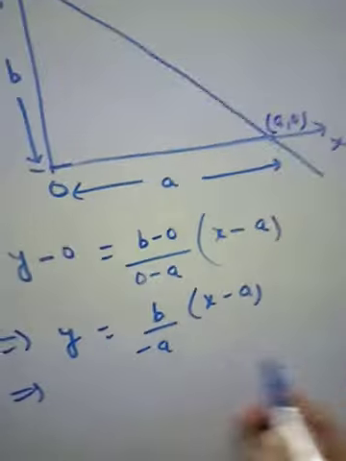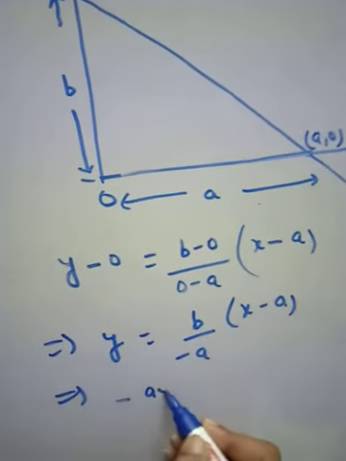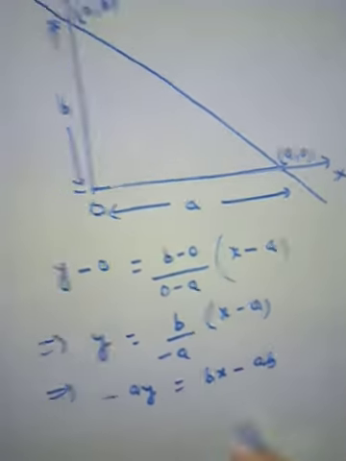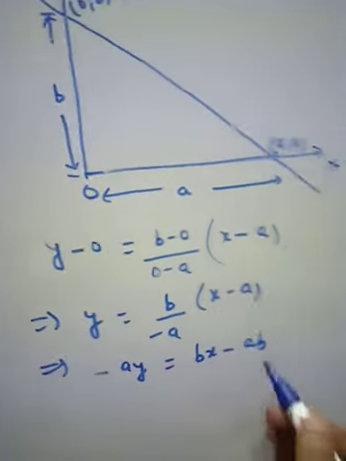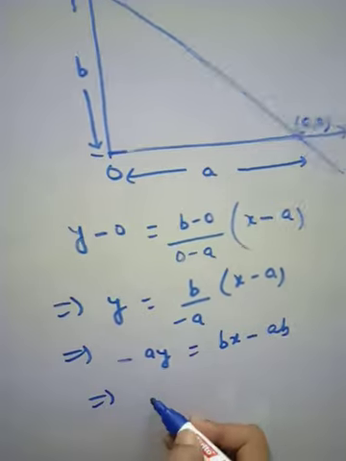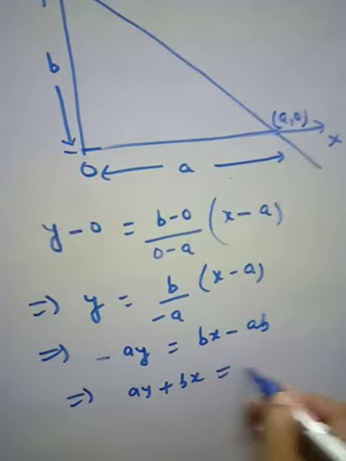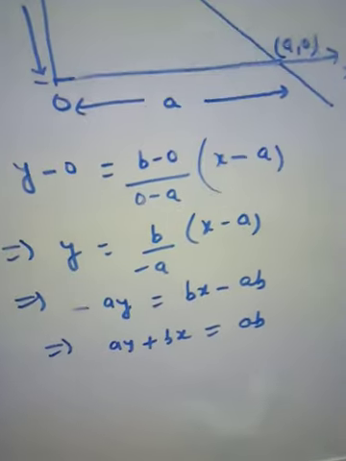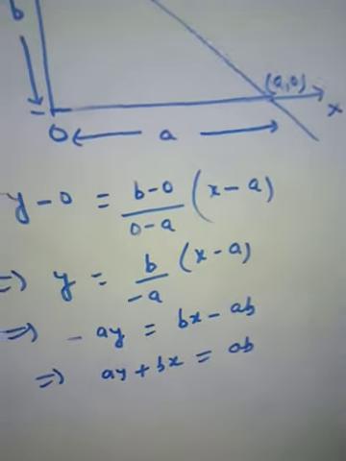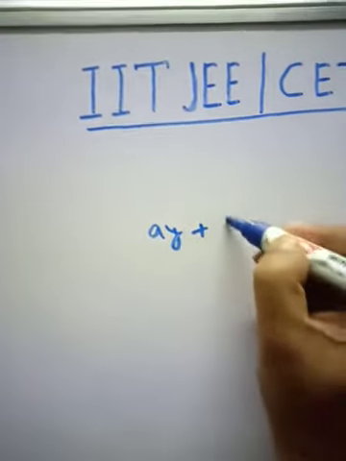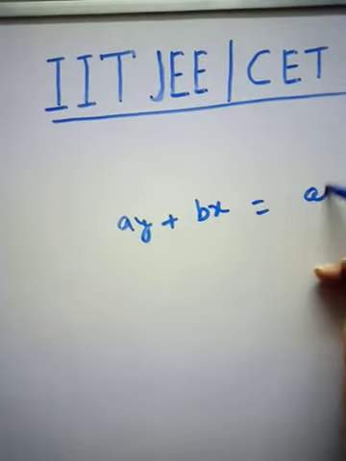Now we cross multiply: minus ay equals bx minus ab. We bring this side and this side, so it becomes ay plus bx equals ab. So we write here ay plus bx equals ab.